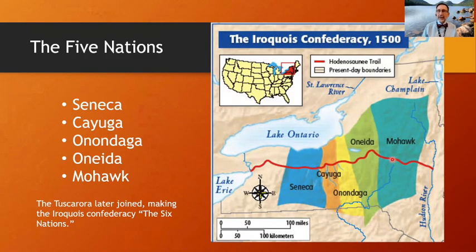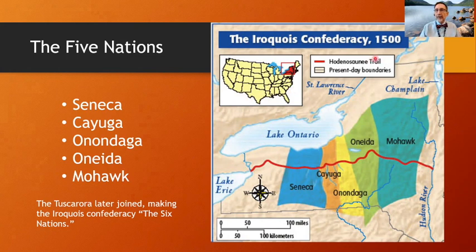Now, sometimes you'll see, in fact, today, you'll see the 5 nations referred to as the 6 nations, because eventually the Tuscarora also joined them, and it became the 6 nations. But at the time this Iroquois Constitution was put together, it was just the 5.